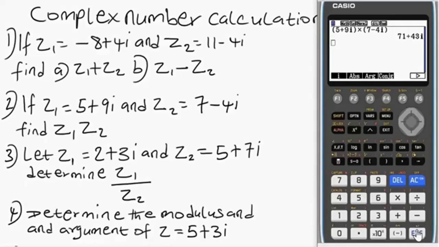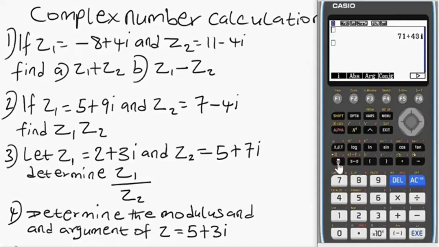Now let's solve question 3, which is division of complex numbers with a scientific calculator. All you have to do is adjust it here, delete everything here. So we have, let z1 equal this and z2 equal this. Determine z1 over z2.